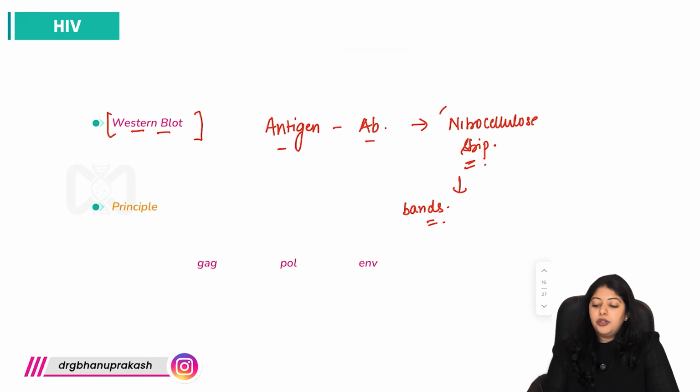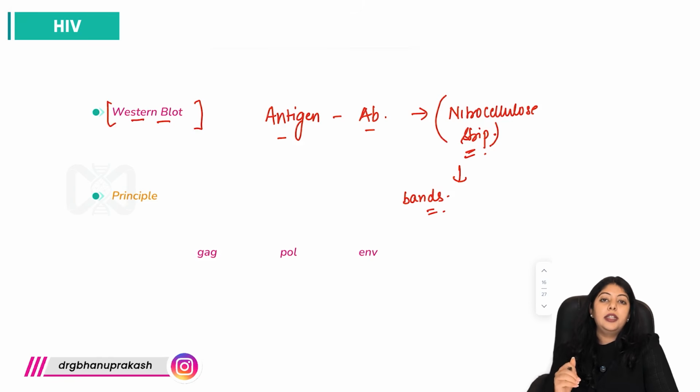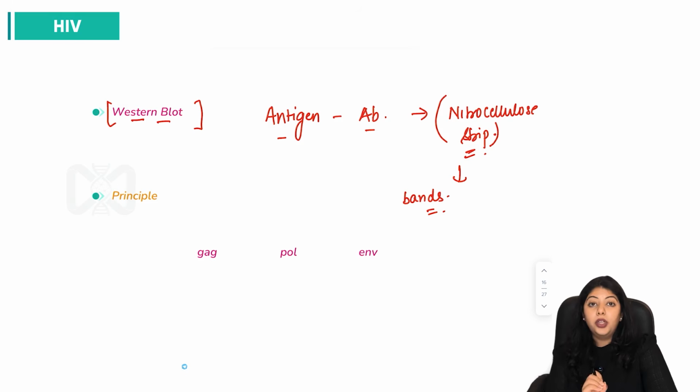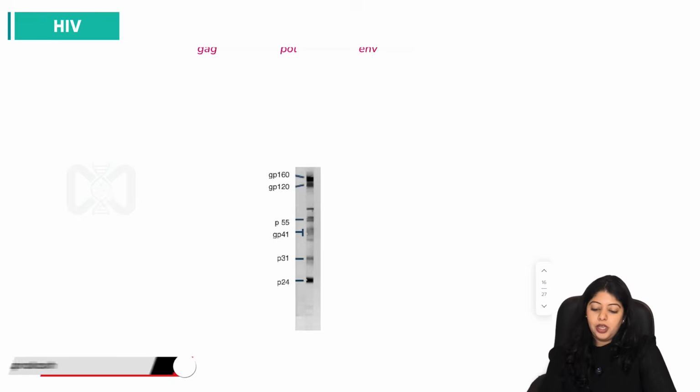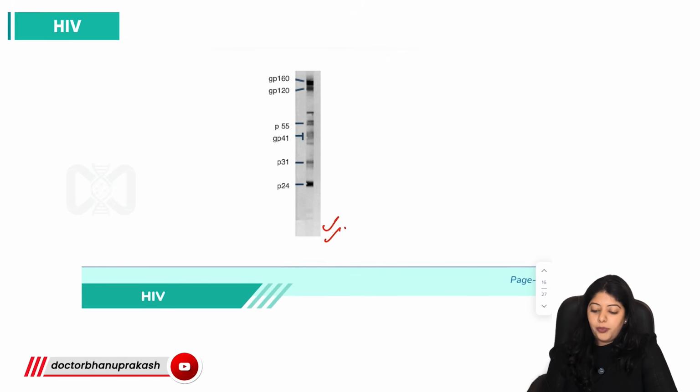So that nitrocellulose strip would be impregnated with certain structural antigens, and with the human serum acting on those antigenic areas, there will be antigen-antibody complexes formed, and they will be present as darkened linear lines on that particular strip, right? So this is what a Western blot strip looks like.